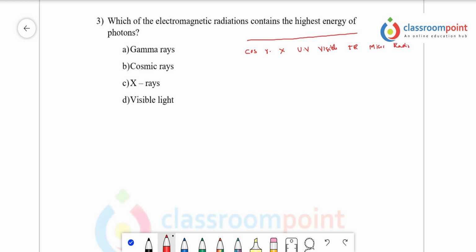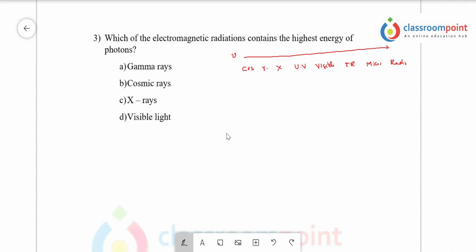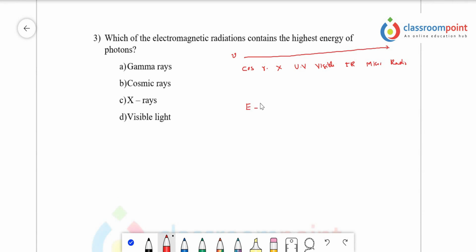Usually they follow the electromagnetic spectrum where the frequency decreases from cosmic rays to the radio waves and the wavelength increases, and we know that E equals h nu. So when the frequency increases, usually energy also increases. So we think that cosmic rays are the rays with the highest energy, which is wrong. Actually, gamma rays are the rays that are with the highest energy here. So answer is gamma rays.